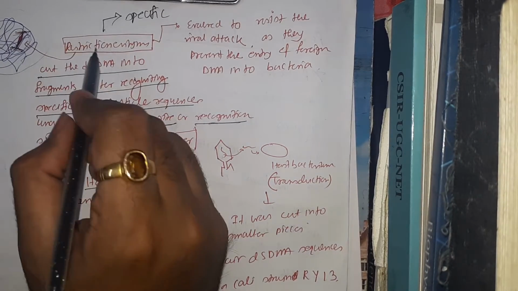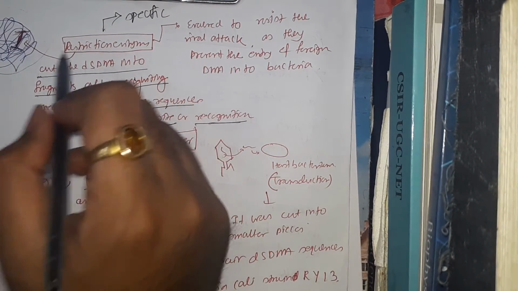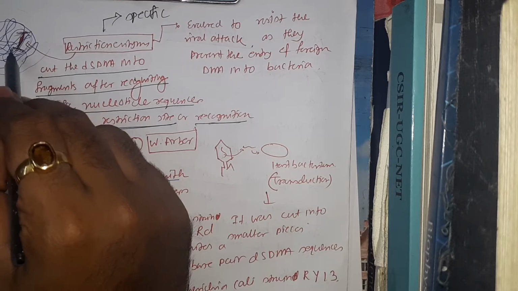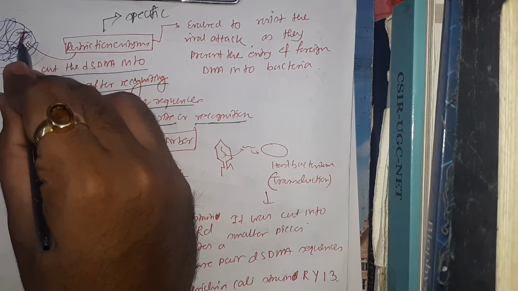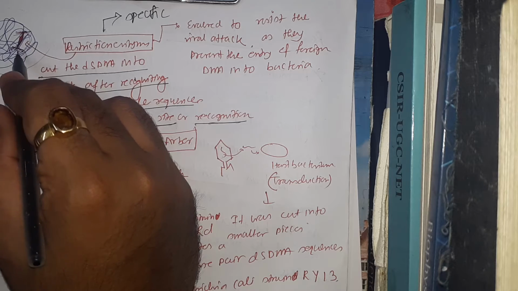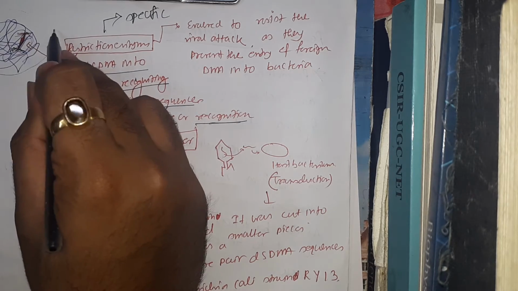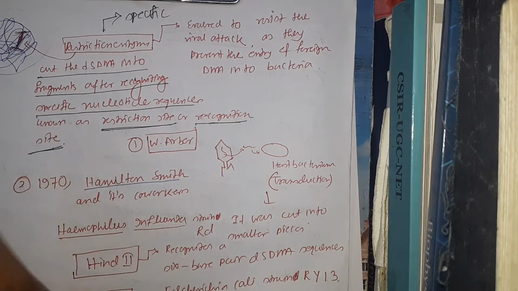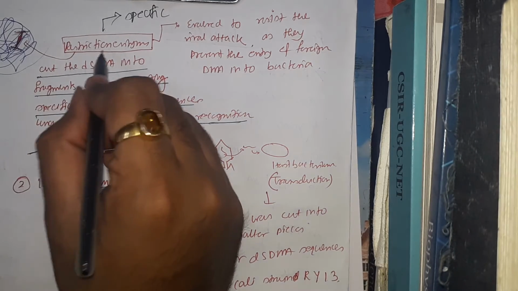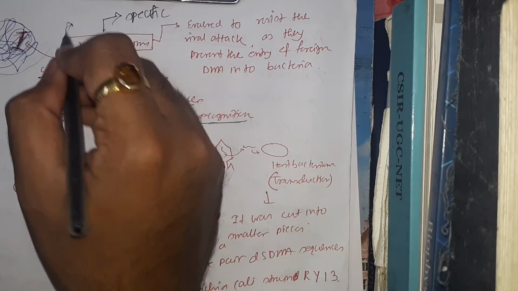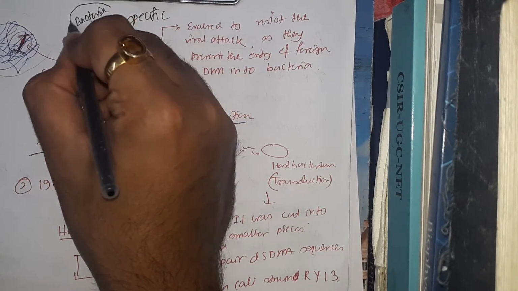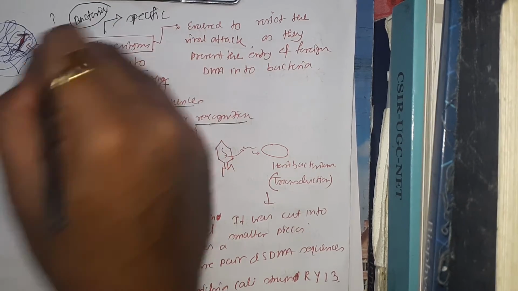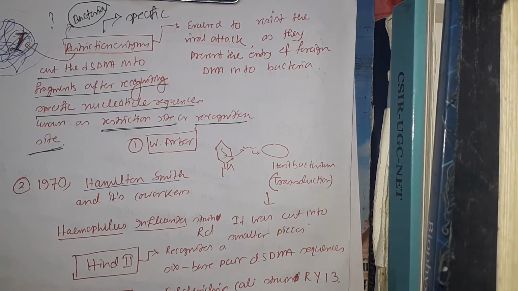That means when you add this restriction enzyme along with this bigger chromosome to cut a target DNA, the restriction endonuclease will know the specific nucleotide sequence of that target DNA and it will cut it into fragments. That is the overall idea. It is generally isolated from bacteria. Why are they mostly found in bacteria?